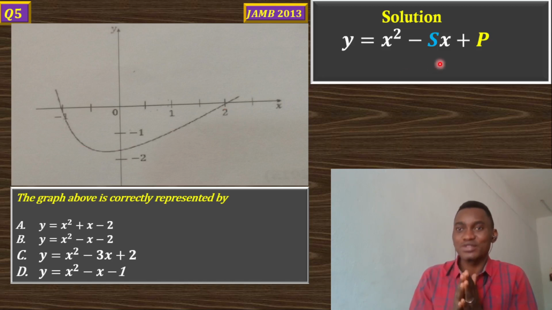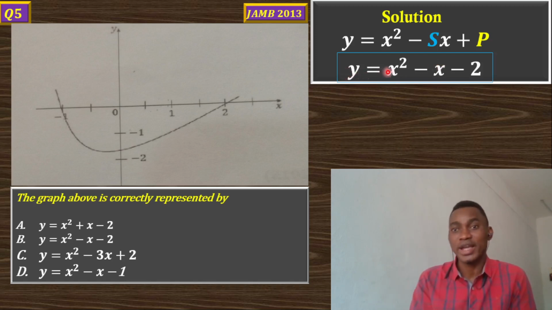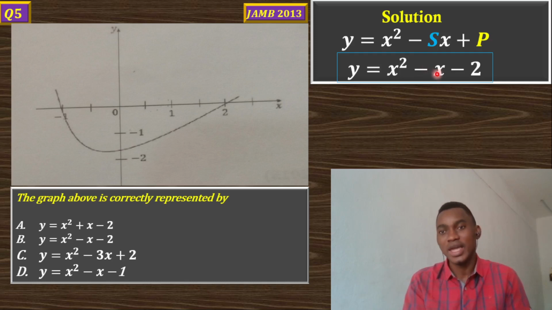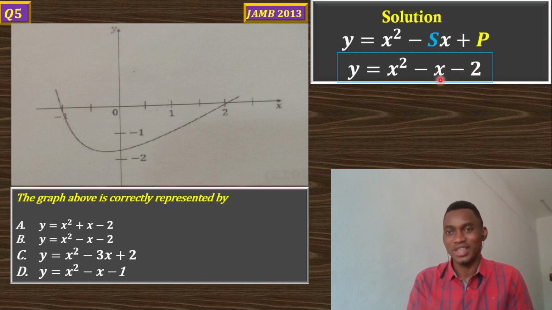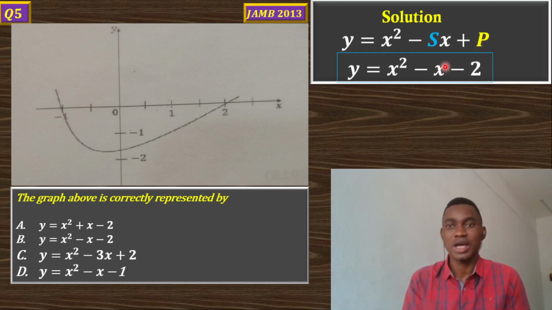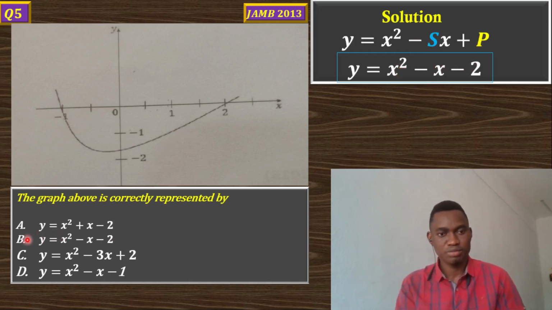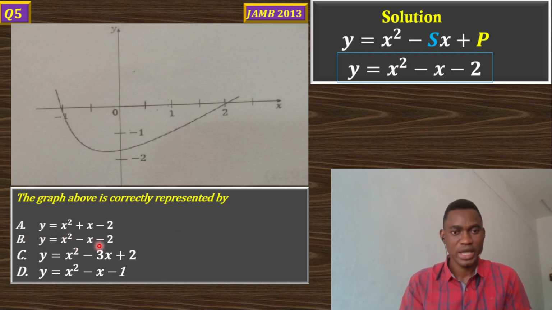So we are left to substitute for S and P, and that gives us y equal to x squared minus x minus 2. Our s is 1, 1 times x is x. You maintain the negative sign, and p is minus 2. So this is the correct answer to this question, and the correct option is option B, x squared minus x minus 2.